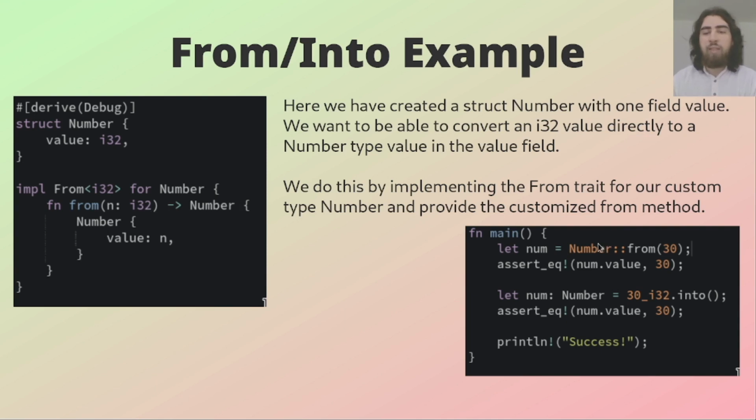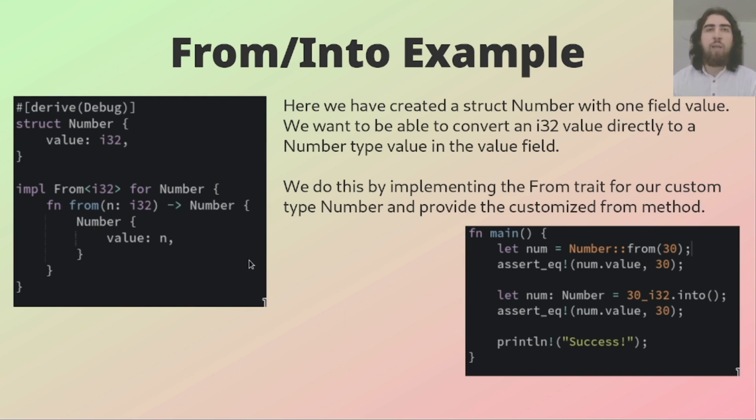That means when we use the from associated function on our custom type Number and provide it an i32, then this can directly be converted to our custom type. And we can do it in two ways. From, as we've seen, because we've implemented it.